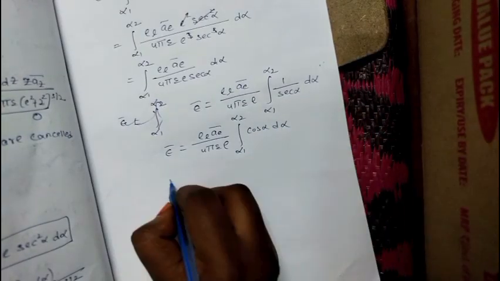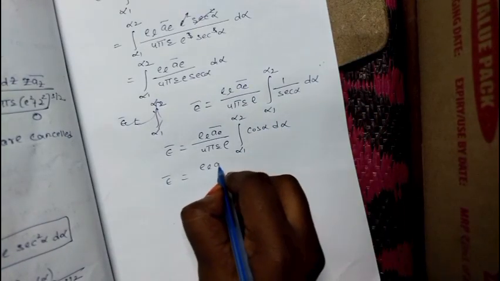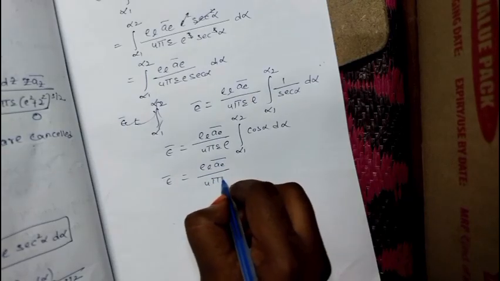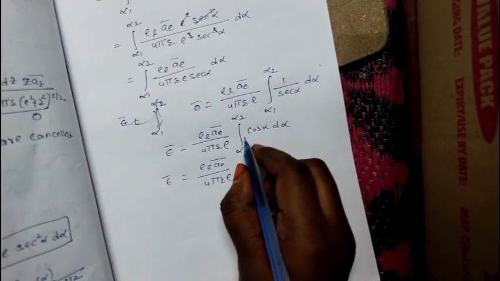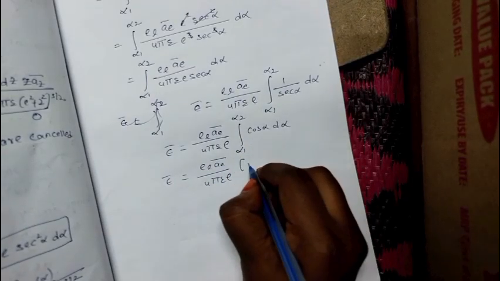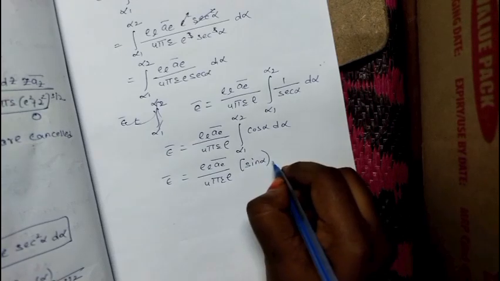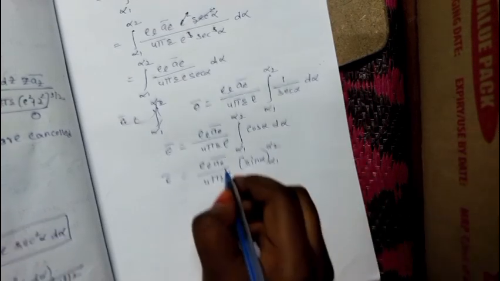E bar is equal to rho L a rho bar by 4 pi epsilon rho, integral of cos alpha is sin alpha, limits are alpha 1 to alpha 2.